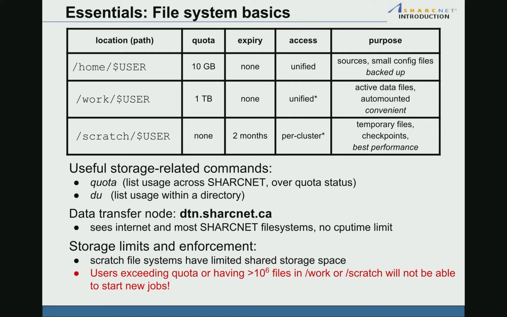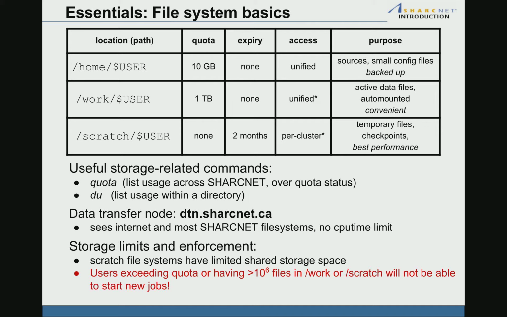Users exceeding a quota or having over 1 million files in work or Scratch will not be able to start new jobs. So this is another aspect of the file systems. Beyond the quotas and expiry, if you have too many small files on a system, it affects the performance of that system. So we've put a 1 million file cap on the number of files.